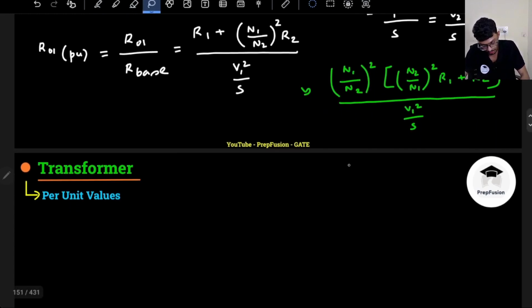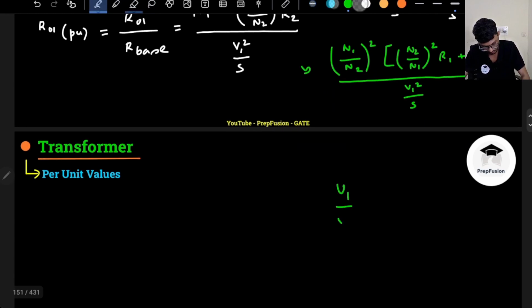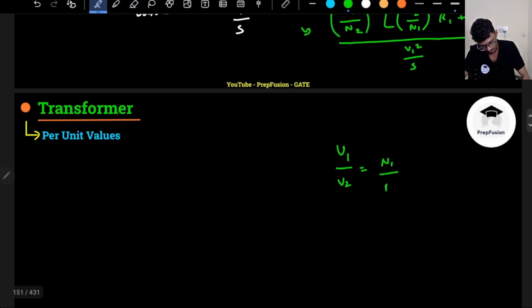Now this relation I also know: V1 divided by V2 is equal to N1 divided by N2. So I can write V2 is equal to N2 divided by N1 into V1.